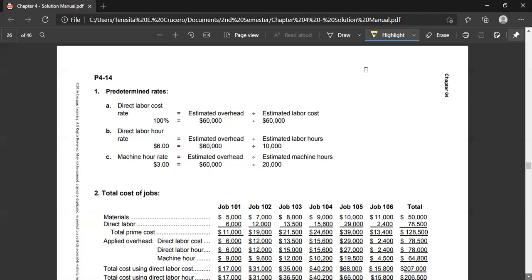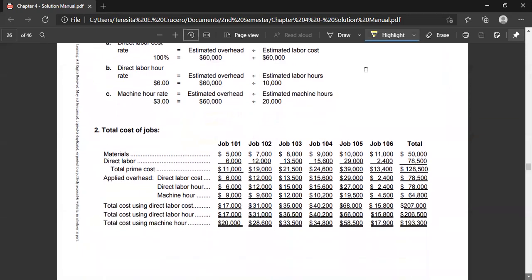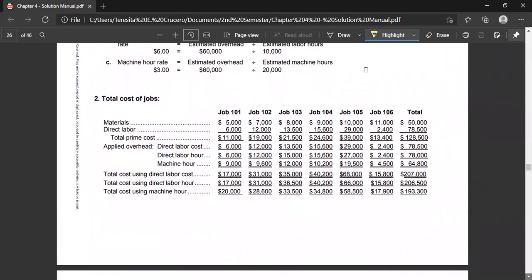Next, requirement number 2: using each of the methods, compute the estimated total cost of each job at the end of the month. The methods are direct labor cost, direct labor hour, and machine hours.